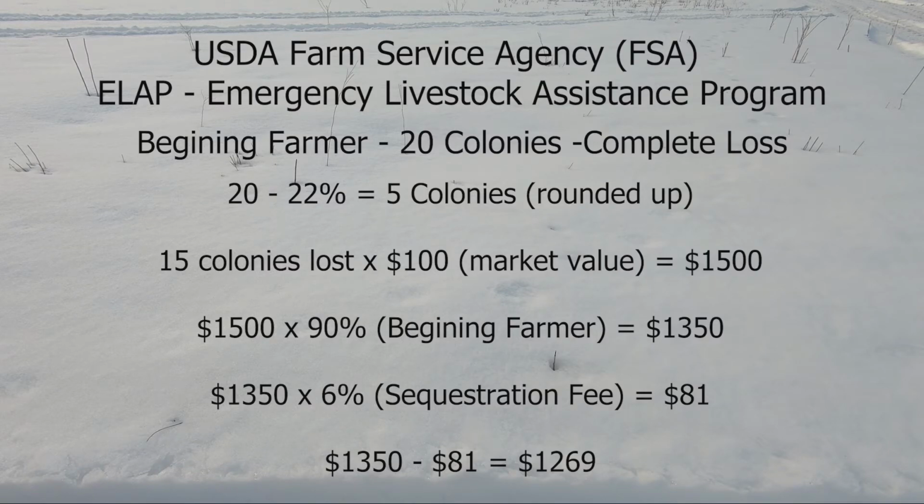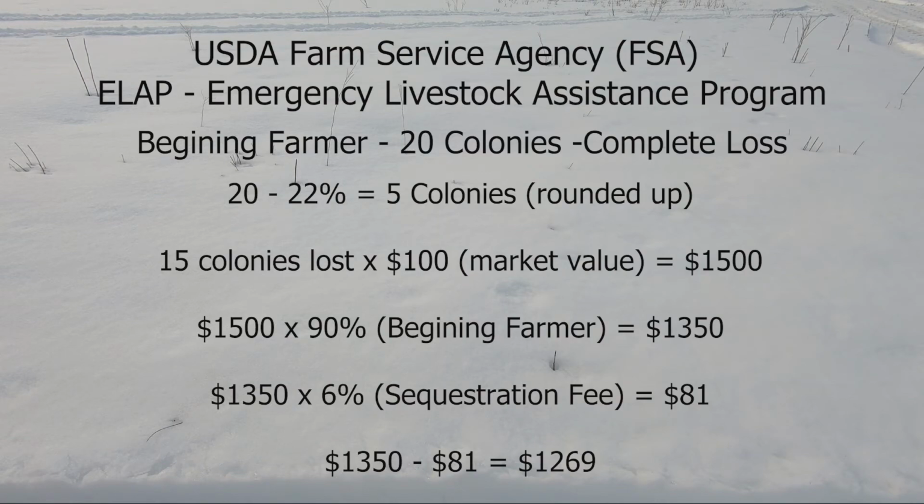From there, the $1,500, and as a beginning farmer, you're eligible to receive 90% of that, which is $1,350. From there, you still have to pay the program fee, which this year is 6%. That's 6% times 1,350 equals $81 that they're going to keep back to pay for the program.